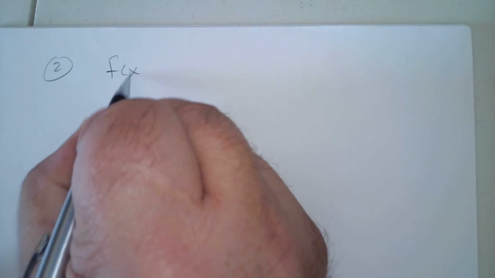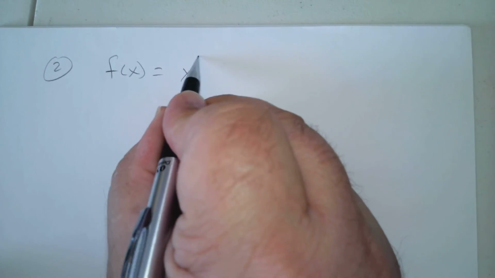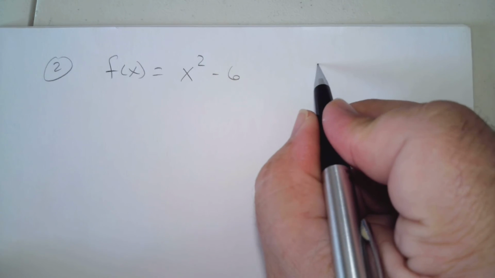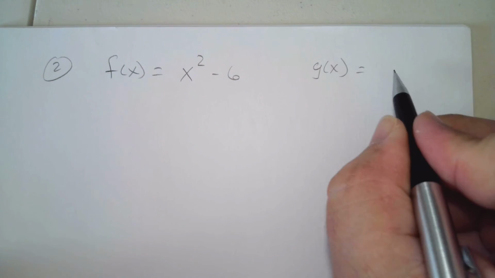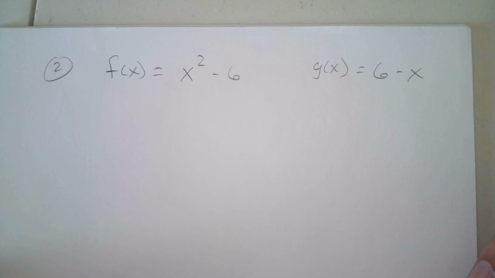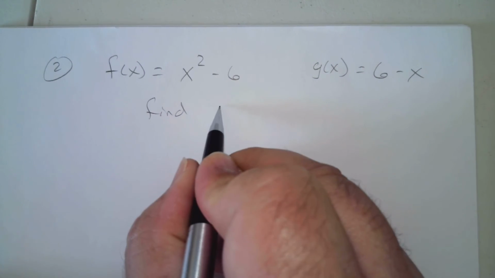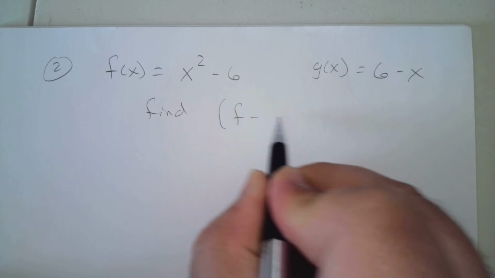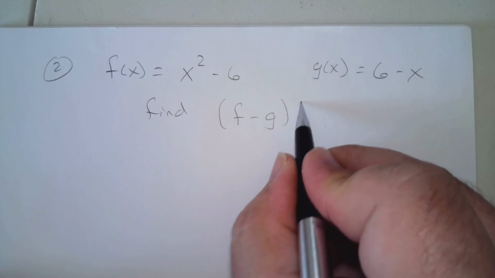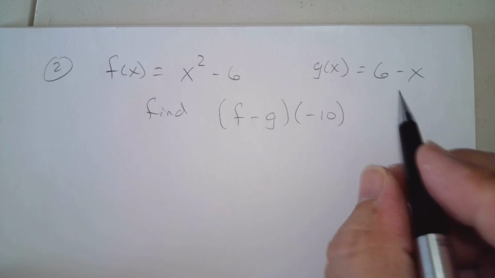All right, number 2. F of x equals x squared minus 6. G of x is 6 minus x. Find f minus g of negative 10.